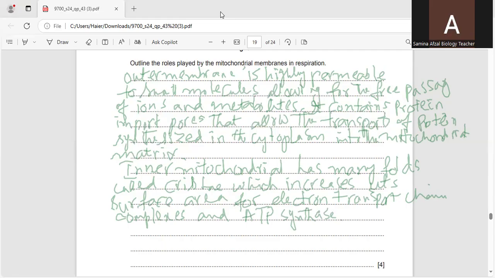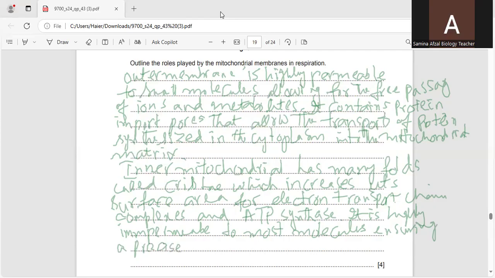So it is highly impermeable to most molecules, ensuring a precise electrochemical gradient across the membrane.